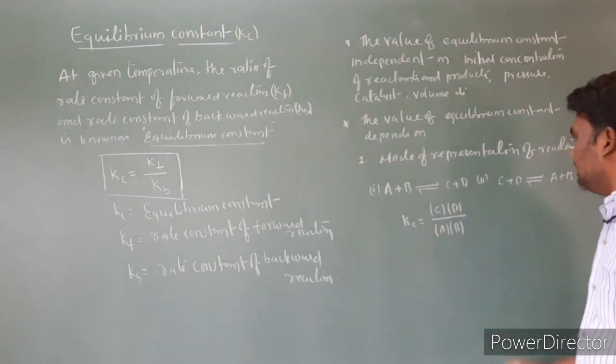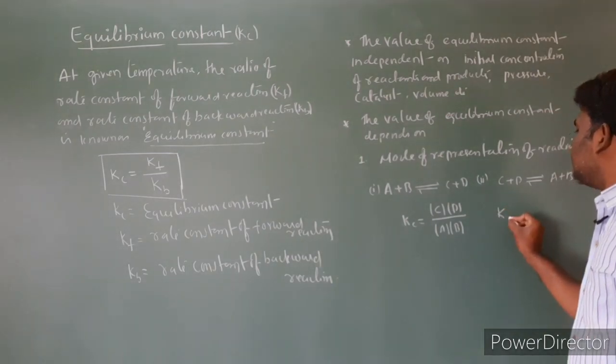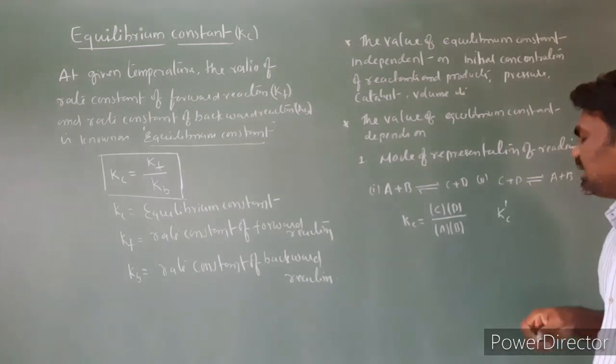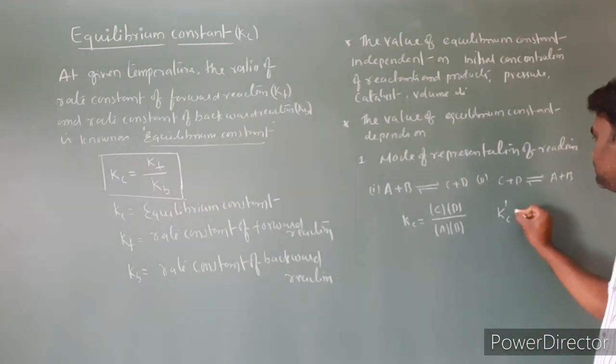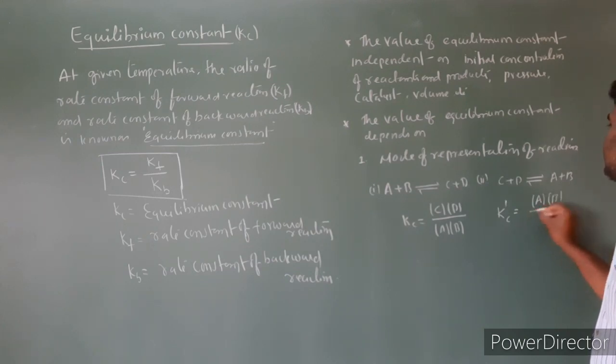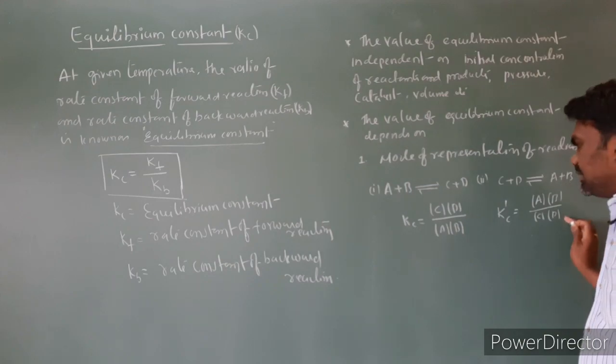Then equilibrium constant Kc: here also Kc is there, so to differentiate it, I am taking Kc dash. That is equal to concentrations of products by concentrations of reactants.